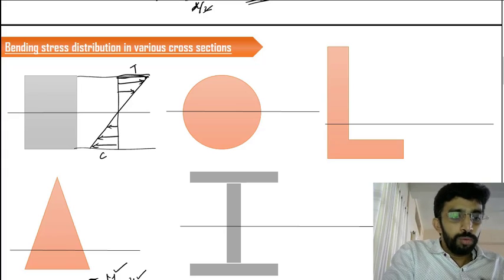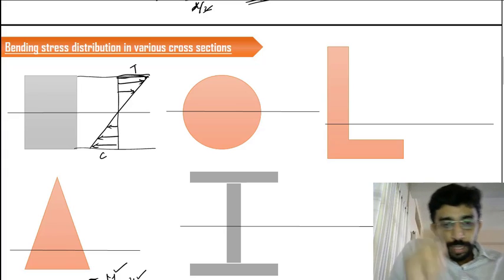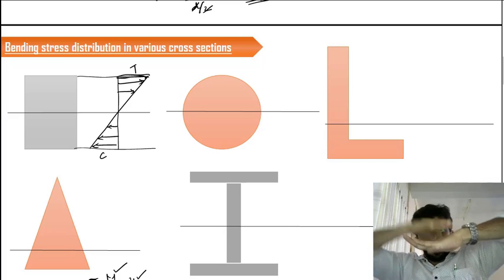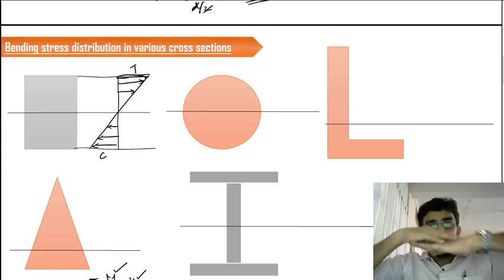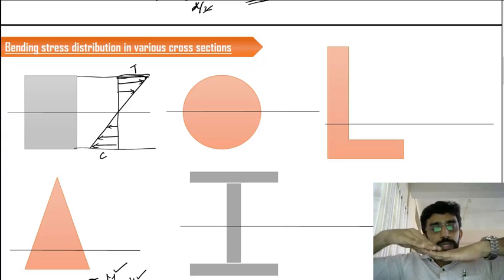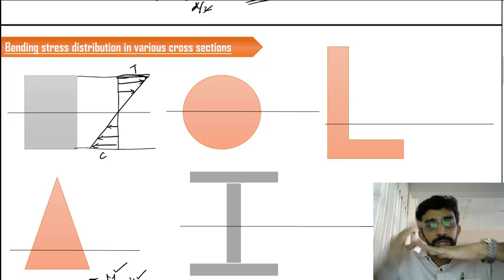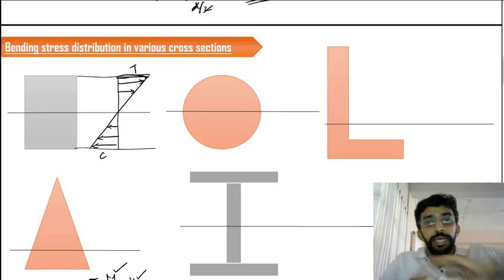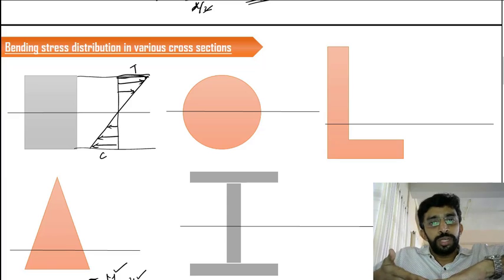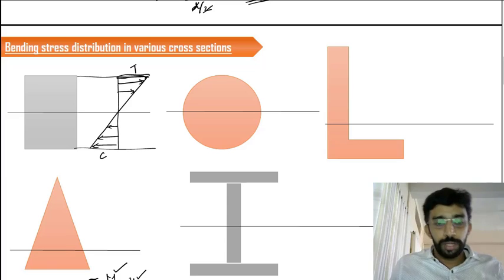Now, when you take the case of a simply supported beam like this, and apply a load, it is going to have a sagging effect like this. The system is going to sag. If you observe your palm, you can see that the top fiber has undergone compression, whereas the bottom fiber has elongated. That means the bottom fibers will be in tension, and the top fibers will be in compression.